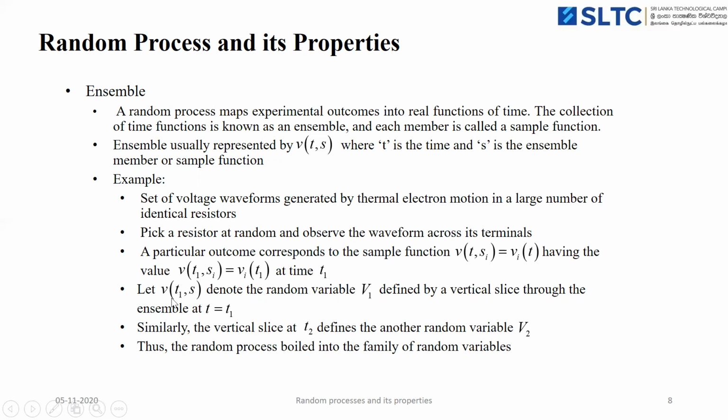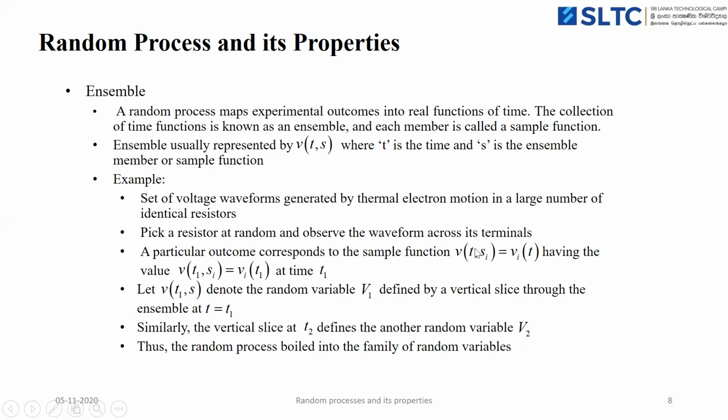So let V of t comma S equal to Vi of t for a particular outcome, which corresponds to the sample function. At the time t equal to t1, we get the value of the sample function. This notation indicates the sample function.